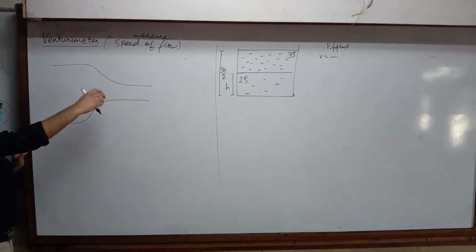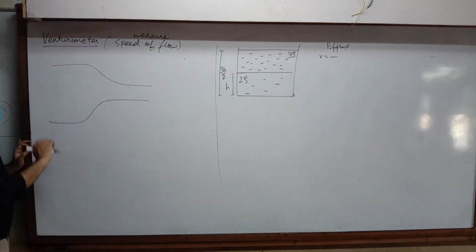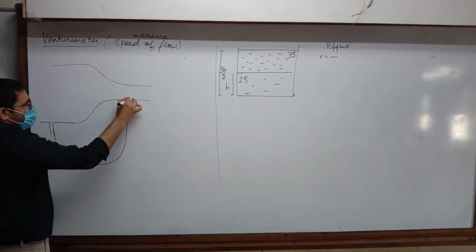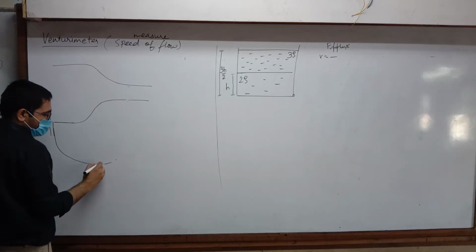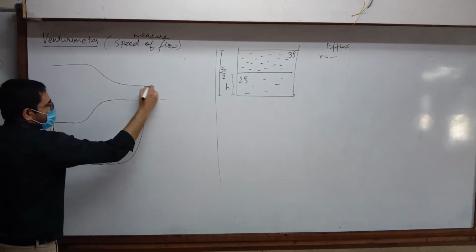Broad and narrow section. Along with it there is a small tube, and this tube is connected to the narrow section like this. Something of this kind.